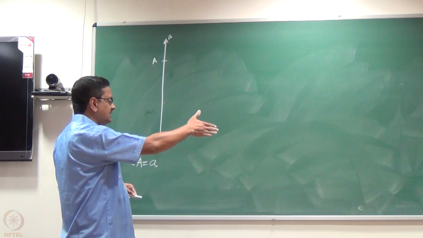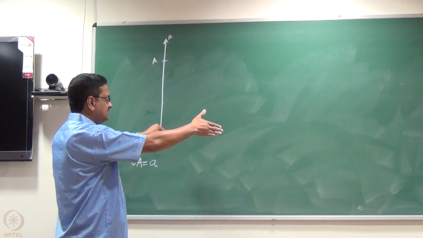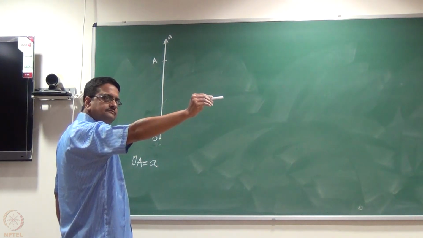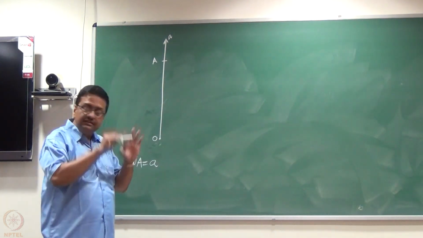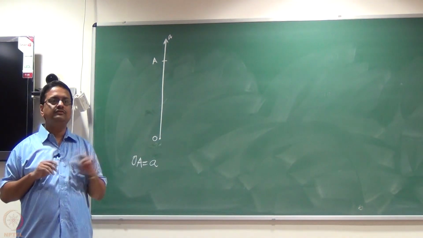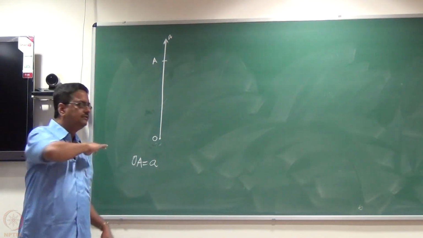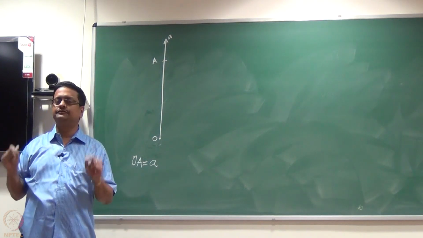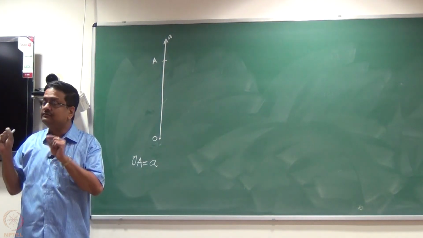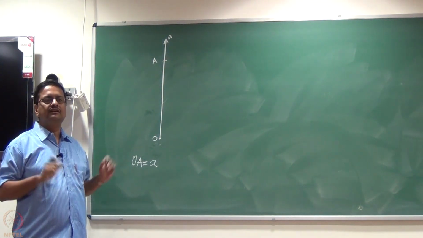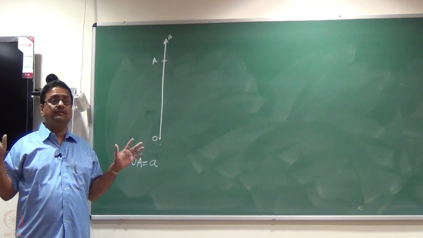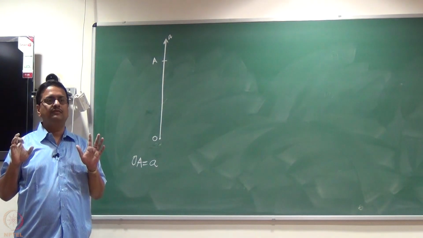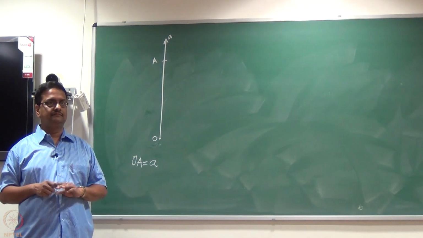If I have the plane like this, the reciprocal lattice points will fall on this line. So all these reciprocal lattice points will form a new lattice. It will form a three-dimensional periodicity.